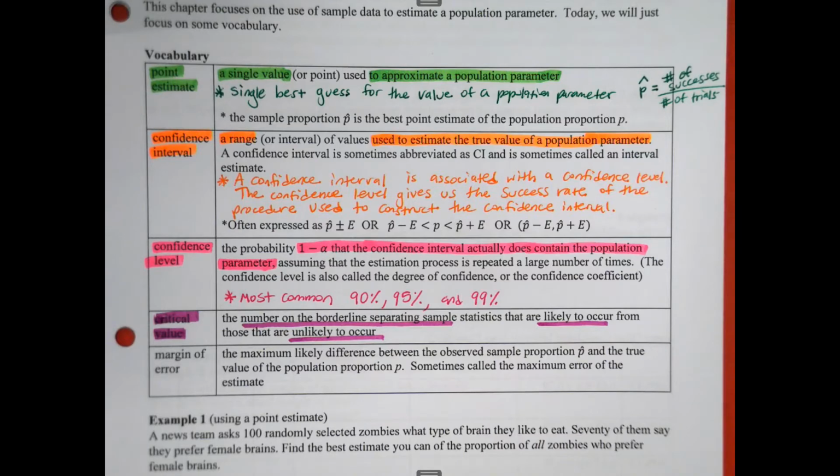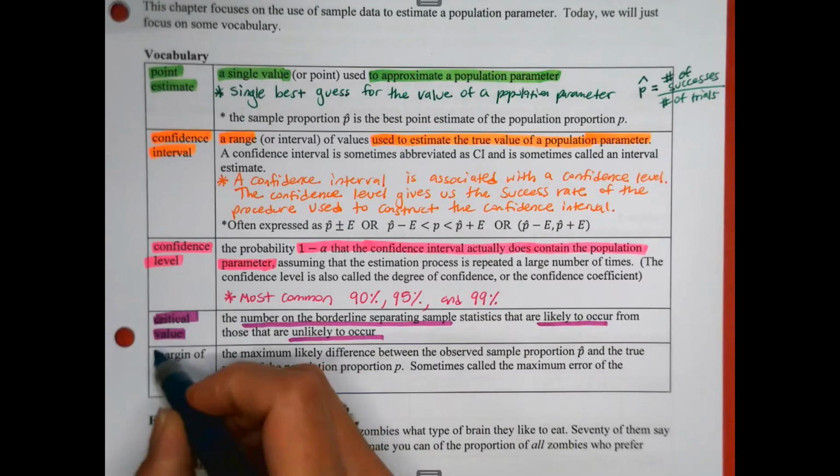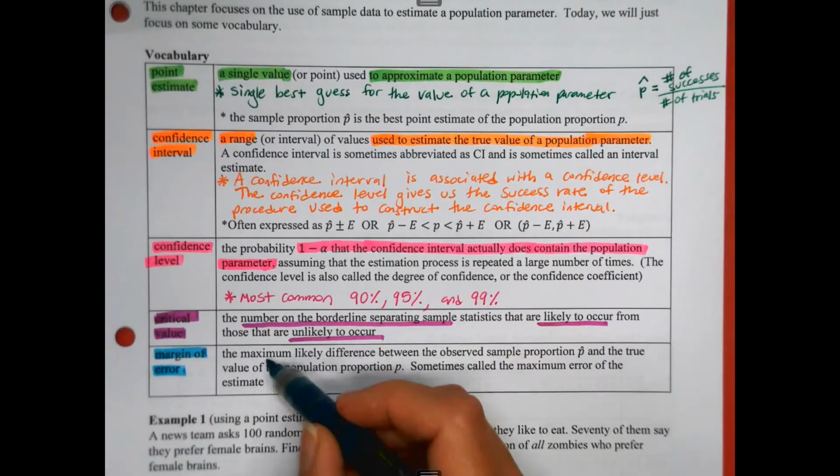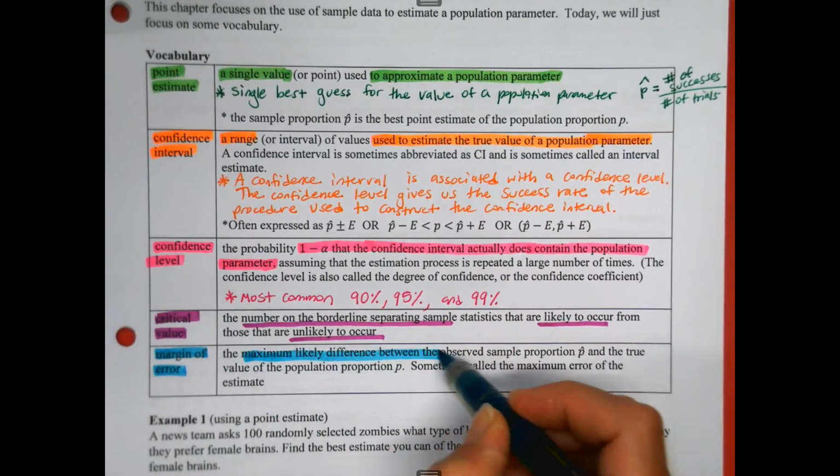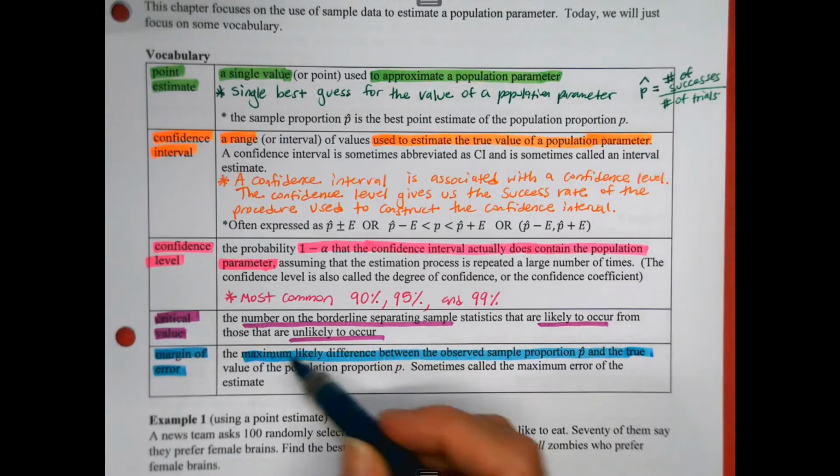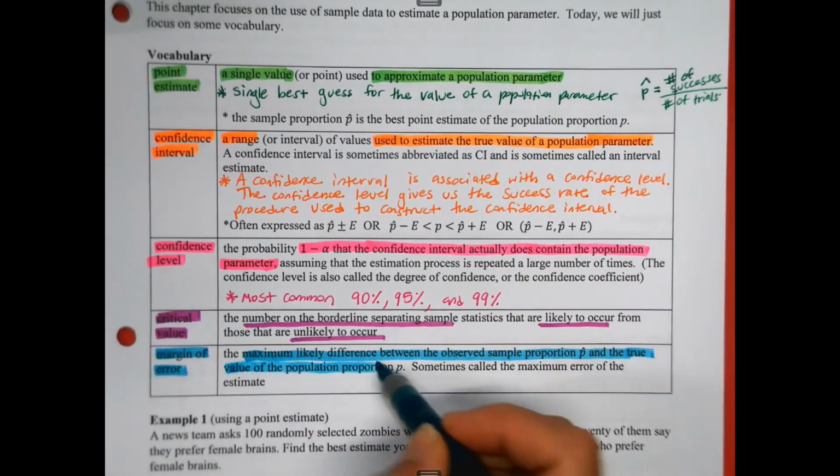And margin of error is the maximum likely difference between the observed sample proportion and the true value of the population proportion, sometimes called the maximum error of the estimate.